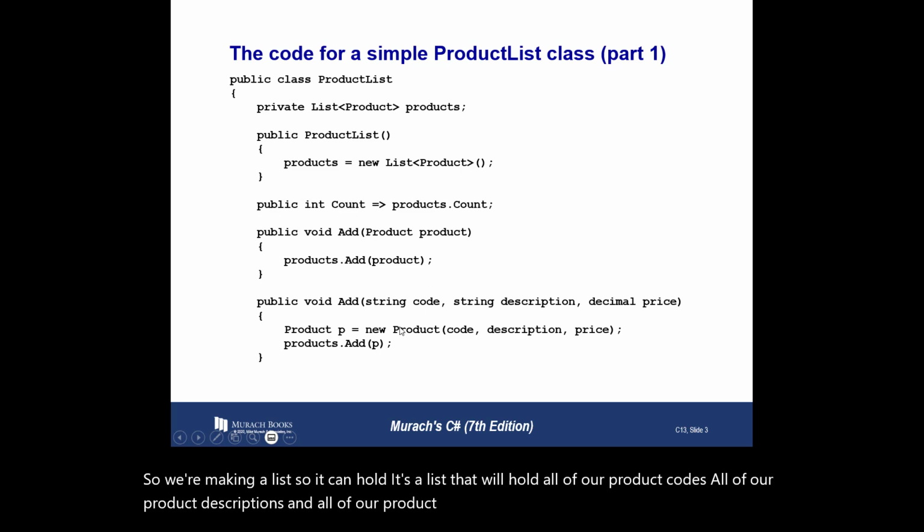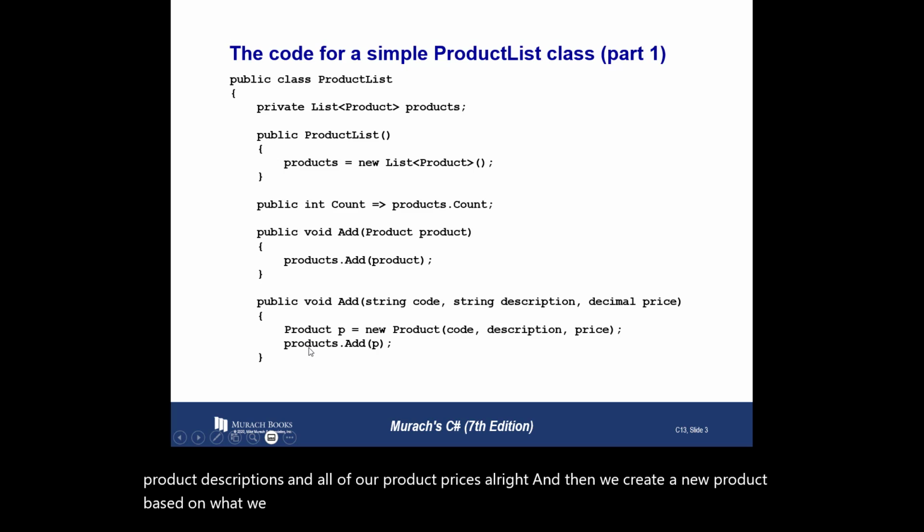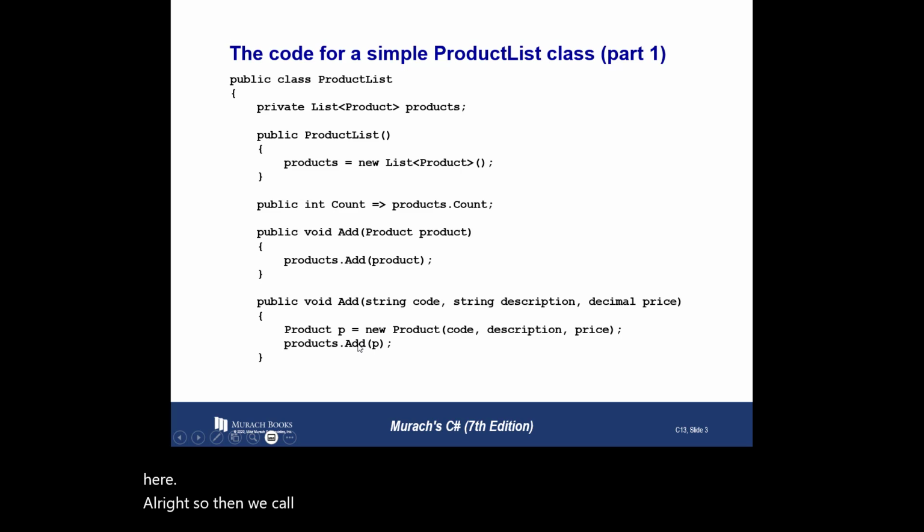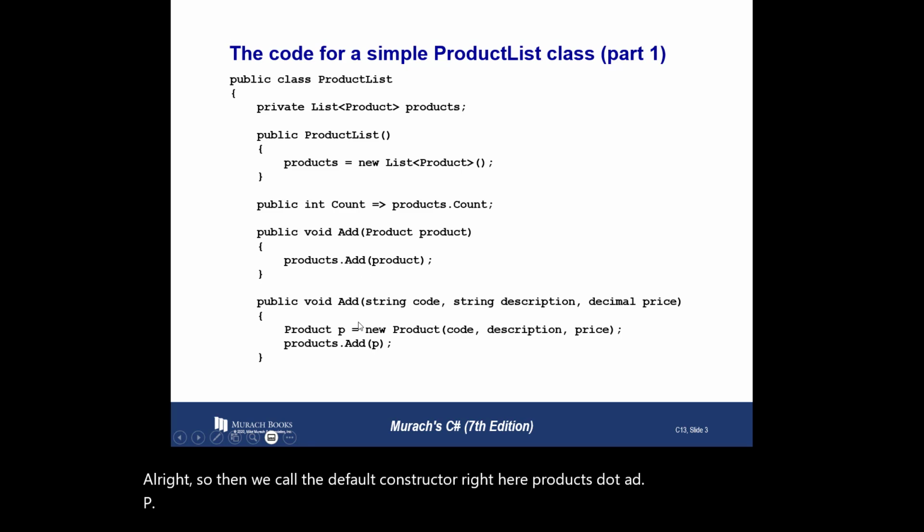All right? And then we create a new product based on what we just had passed in, and then we call the products.add right here. So then we call the default constructor right here, products.add p.